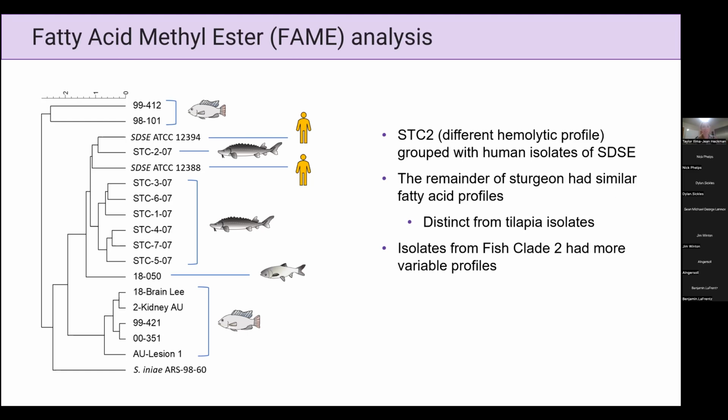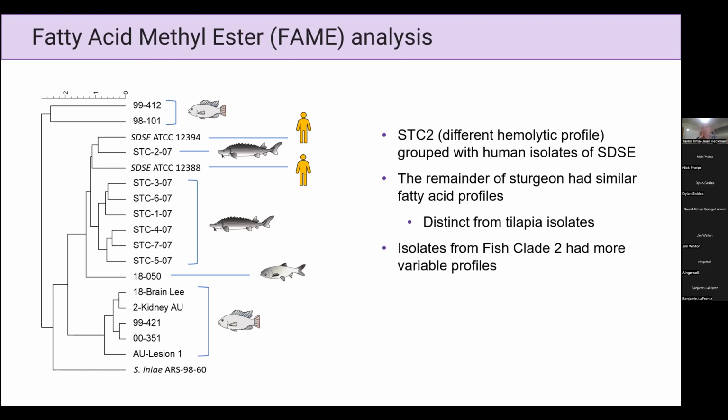So there might be something going on there that we can't see in the MLSA, and it would be interesting to get a look at the genome of that particular isolate to see if we could piece out what's causing that difference in hemolysis and expression of those hemolytic proteins.